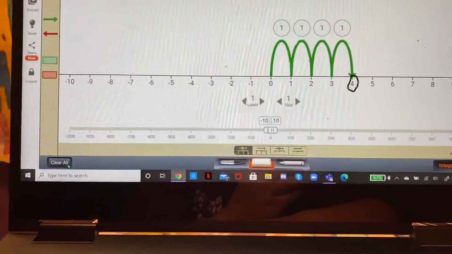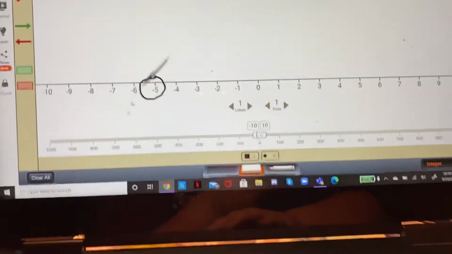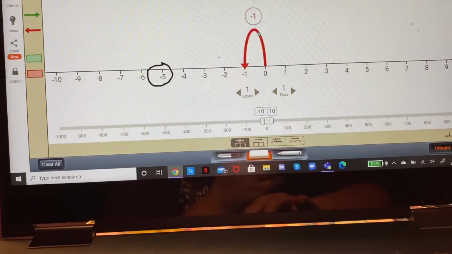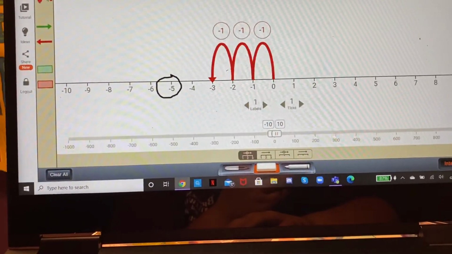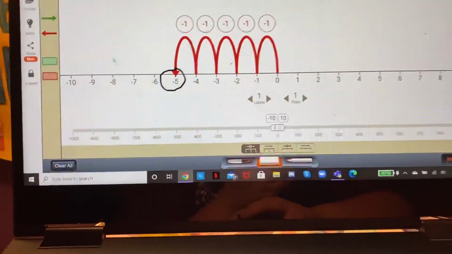Now, if we did the number -5, it's easier to see on a number line, I feel. It would be 1 this way, another one, another jump to -3, another jump to -4, and another jump to -5.